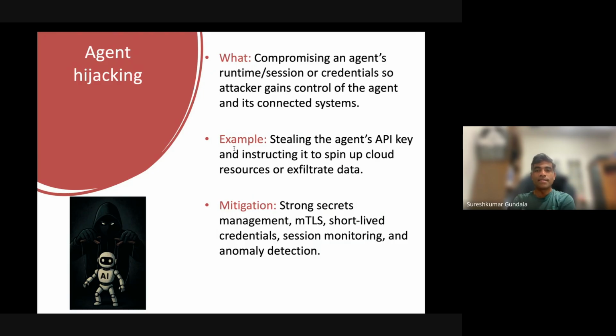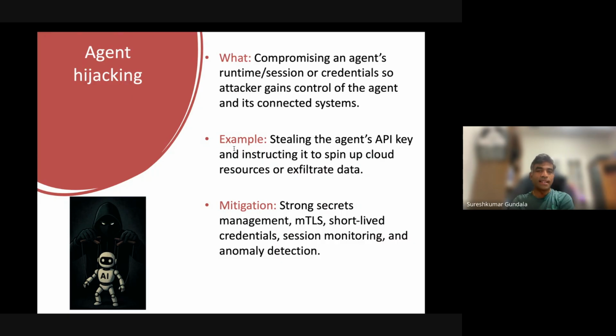But once this is compromised, the attacker can issue commands to the agents as if they were a legitimate system or operator, right? Because the action comes from a trusted identity, because they have stolen the actual identity itself. So the request actually comes from the real authenticated credentials, and they might bypass your traditional security alerts as well.